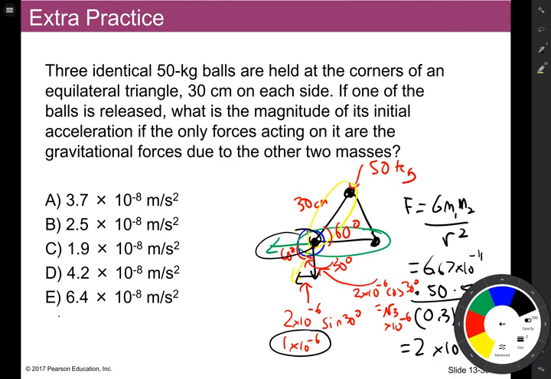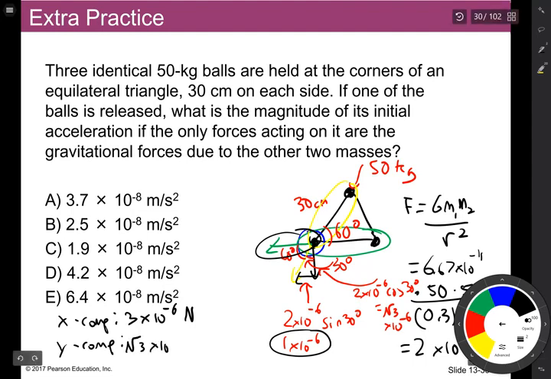So the x component is 3 times 10 to the negative 6 newtons. And the y component, there's only one of them, right? There's only the 2 times 10 to the negative 6 cosine 30, which is the square root of 3 times 10 to the negative 6 newtons.